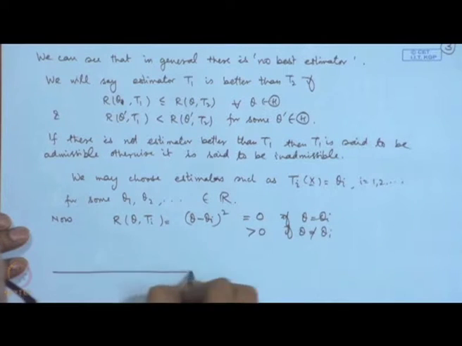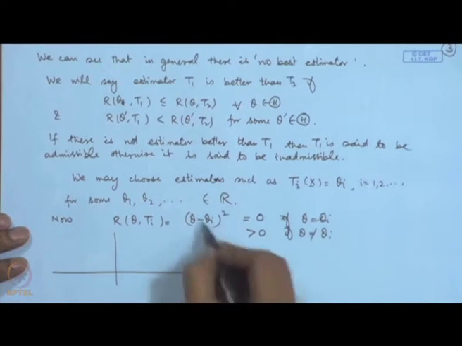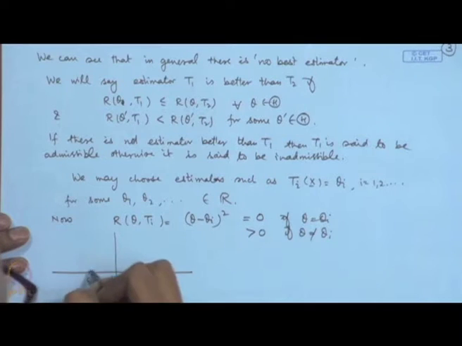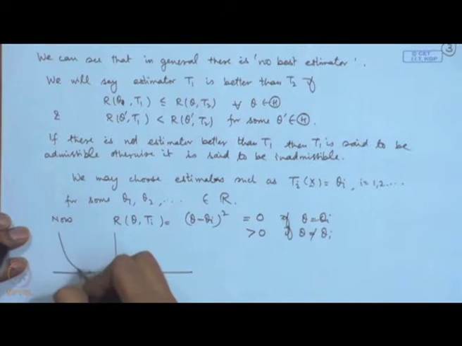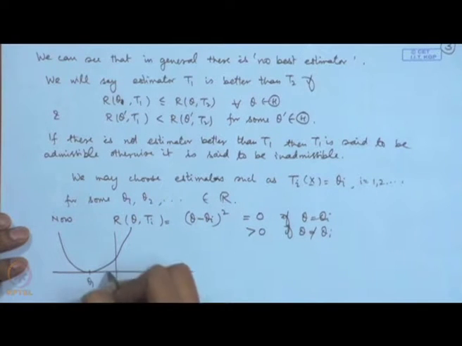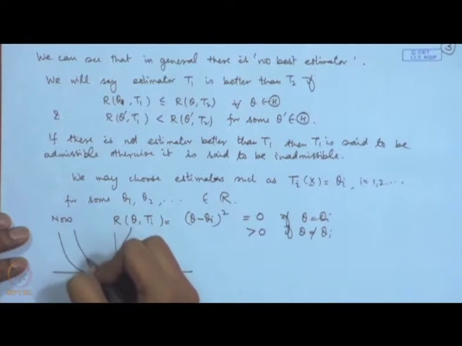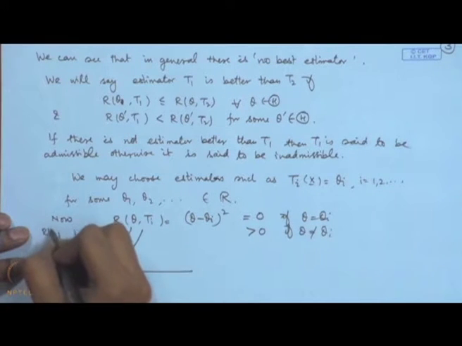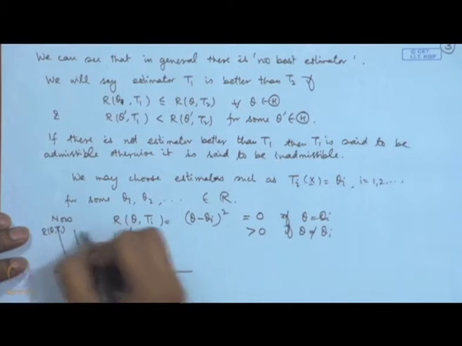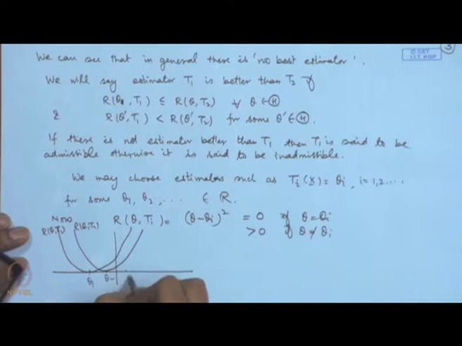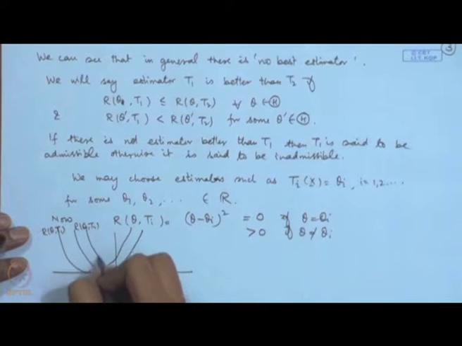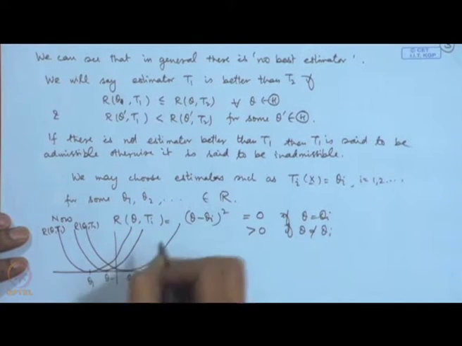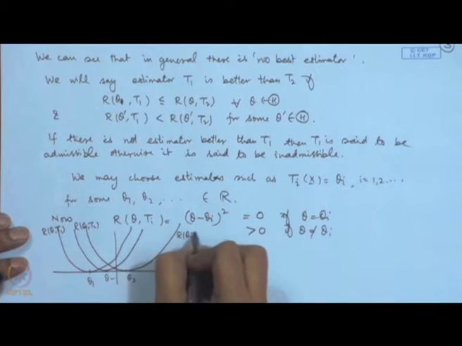So, if you consider the plot of each of these, suppose this is the value theta_1, then R(theta, t_1) will be something like this. If you consider theta_2 here, then this is R(theta, t_2). Suppose theta_3 is here, then its risk function will be like this, R(theta, t_3).